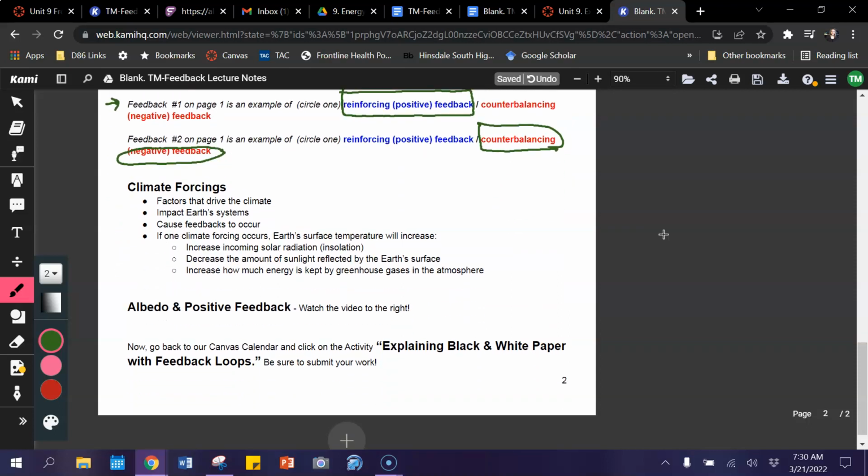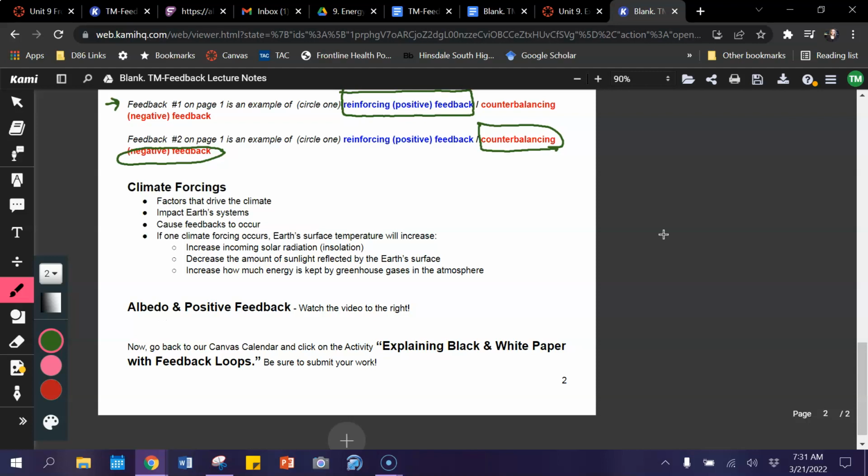Okay, now I wanted to jump to something that's called a climate forcing. Climate forcings are factors that drive the climate. They are also going to impact Earth's systems because they cause these feedbacks to occur. And if one climate forcing happens, then Earth's surface temperature will increase.